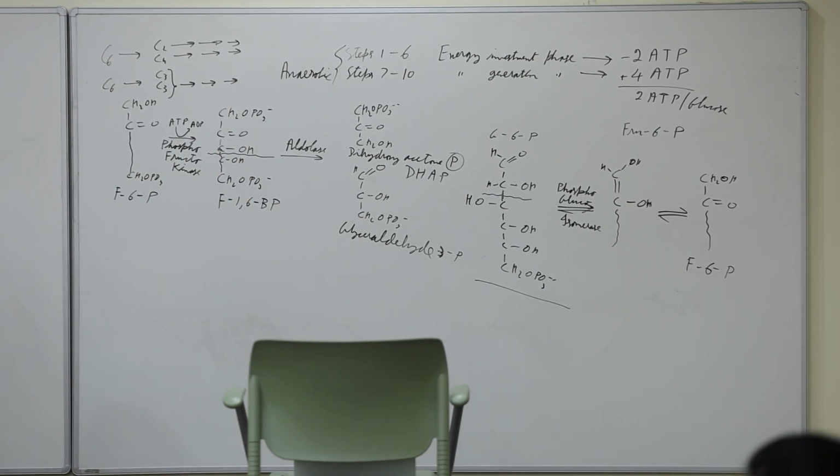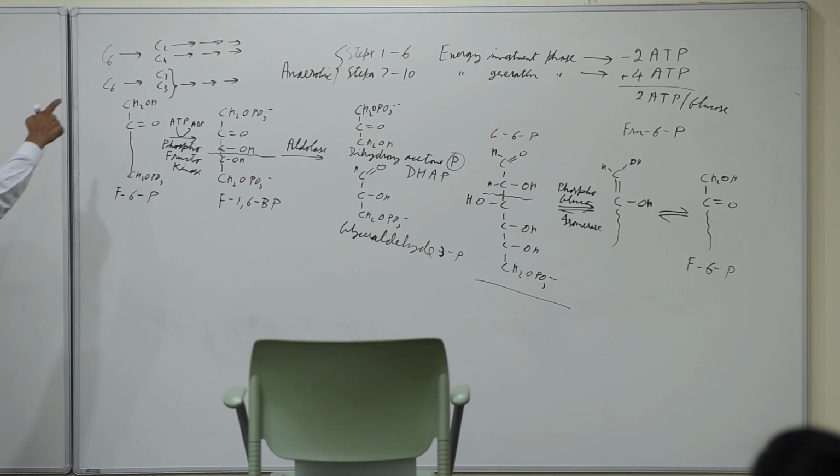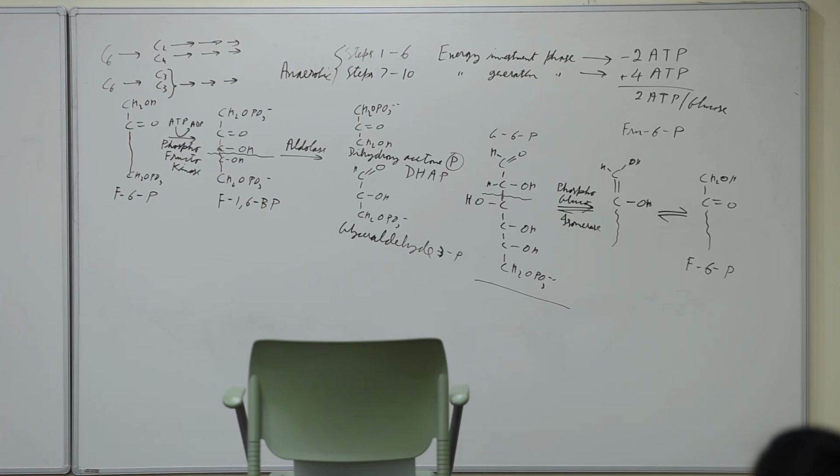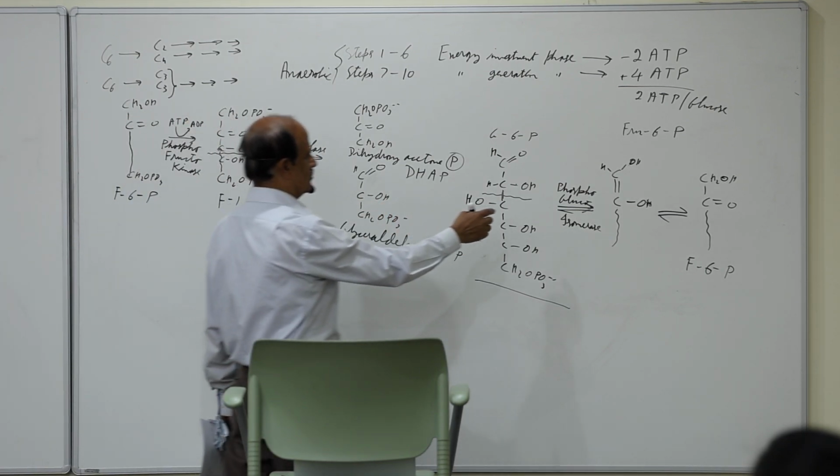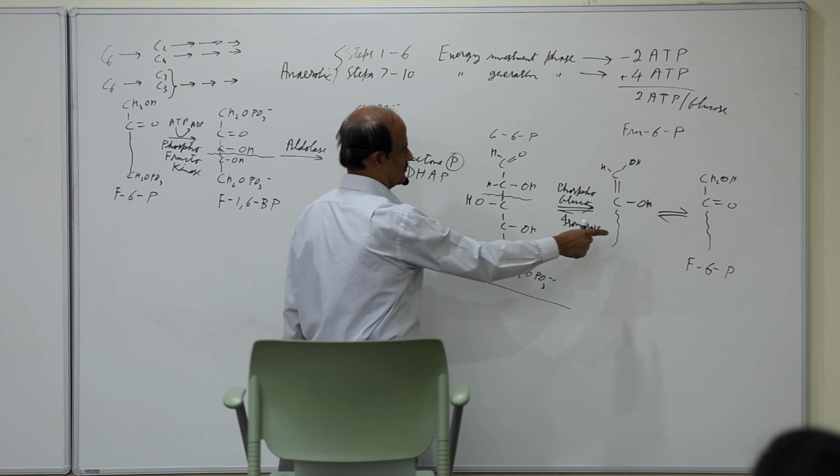Why? Because if it cuts there, then you get a C2 and a C4, which you don't want because they are different compounds and there is no way you can have the same enzymes to deal with them. So that's the reason for the second step where glucose is converted to fructose. As I said, why is glucose converted to fructose?